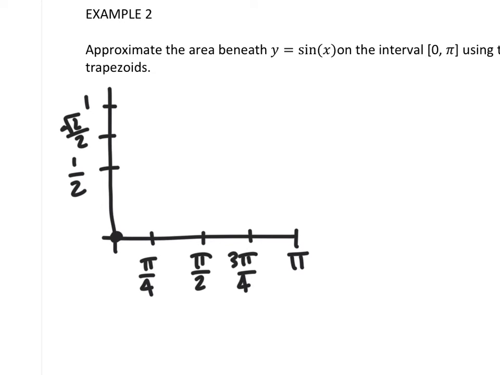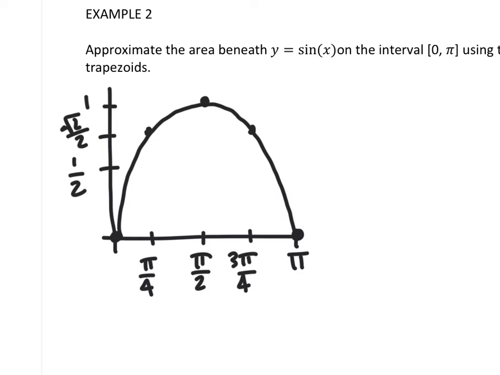Let me do pi over 2 and 1, pi and 0, and then right here and right here. This does take a little bit of knowledge to know what this looks like, but you already know what this looks like.